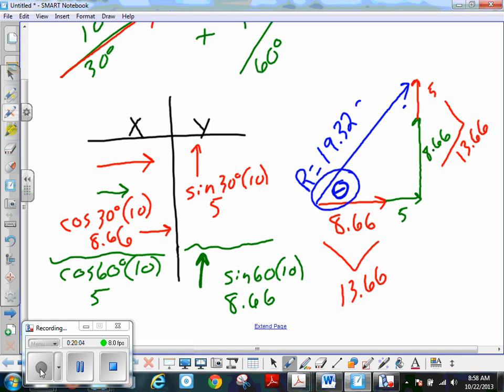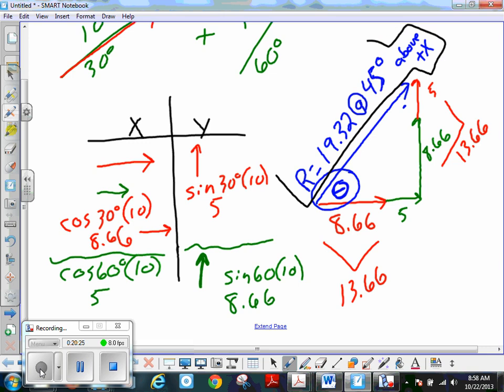So in this case, it would be at 45 degrees. And that's not even good enough, so you have to give it an orientation. So it would be above positive x. And so all of this together then is the answer for that vector addition of those two vectors.